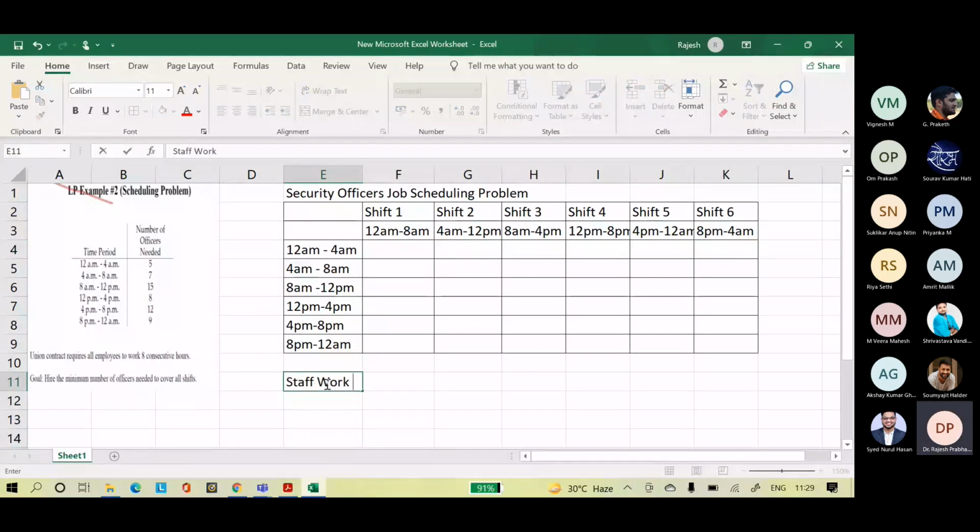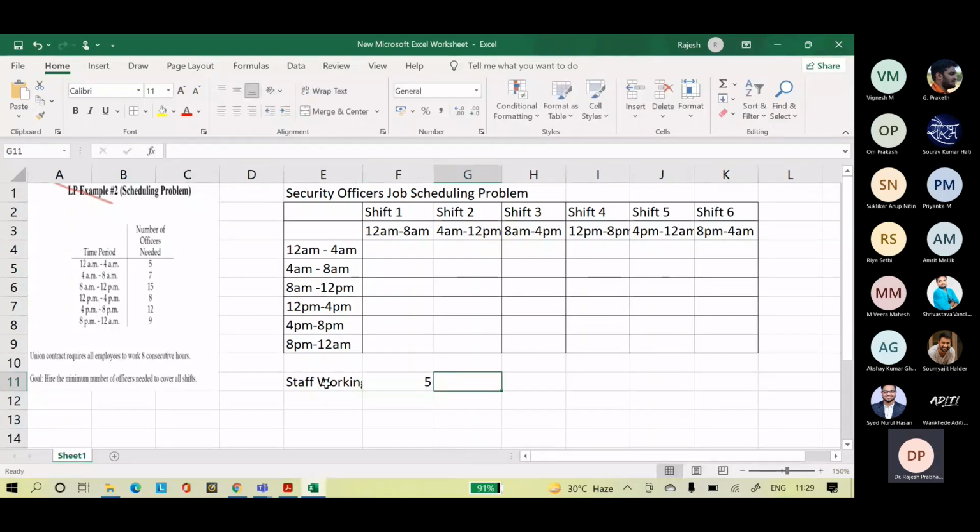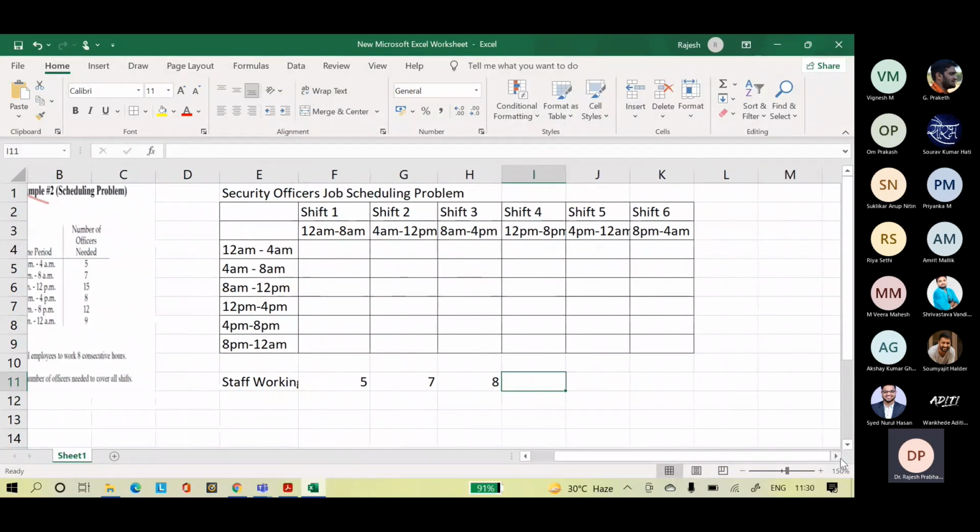So staff working in each shift is 5, 7, 8. Oh, we have to get the number working also, right?